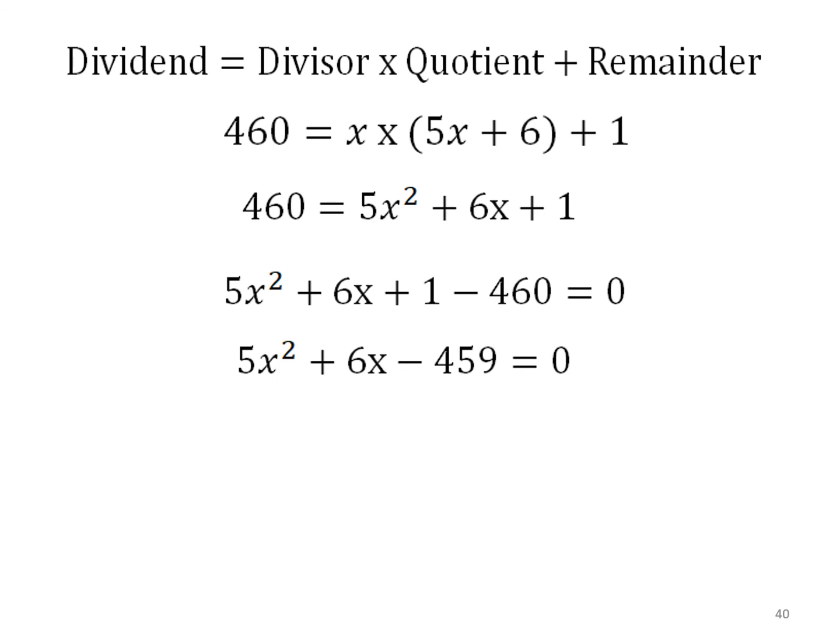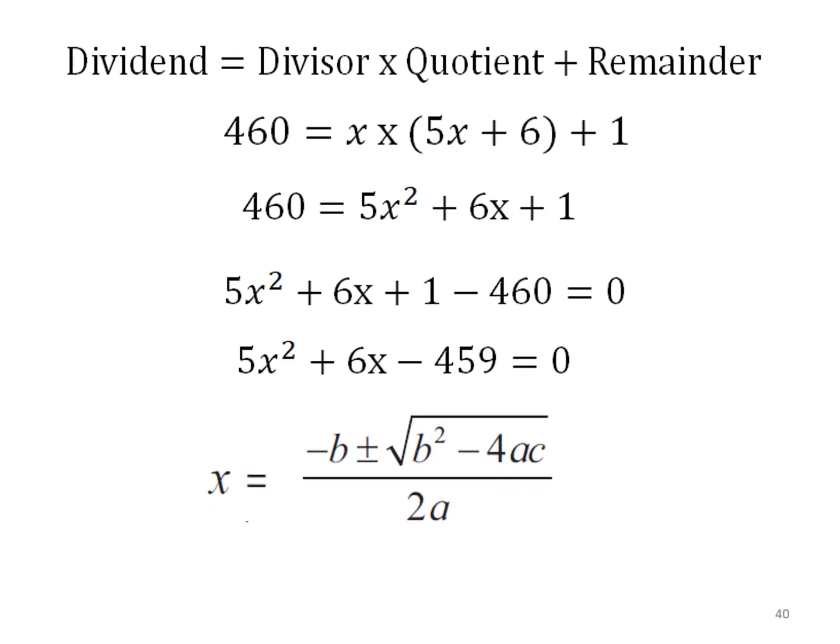Now if you see this, to factorize such a big number is difficult. It is not impossible, but it is little difficult and tricky. So we use the another formula method to find out the roots, that is x is equal to minus b plus or minus under root b square minus 4ac upon 2a method.